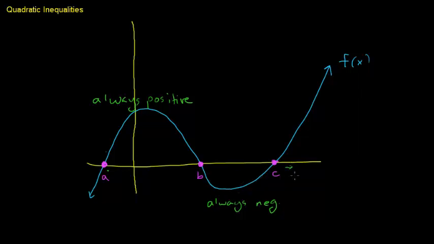Beyond C, as I get out here, notice again, it's always positive, and importantly, it never changes sign. We don't know exactly what this function is doing, but we can imagine it continues going up like that forever. And way back here to the left of A, it's always negative. It never changes sign.